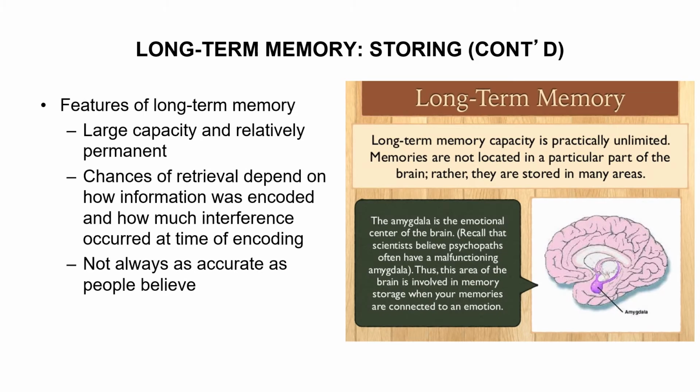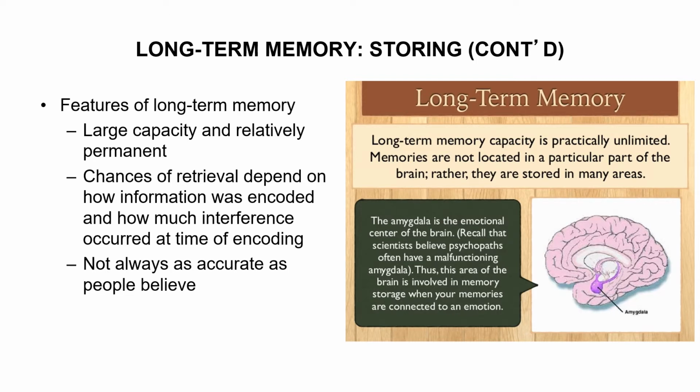So features of long-term memory: large capacity, relatively permanent. The chances of retrieval, though, depend on how the information was encoded and how much interference occurred at the time of encoding. So we talked about interference in short-term memory, and that's how new information can push out old information, push out already existing information.